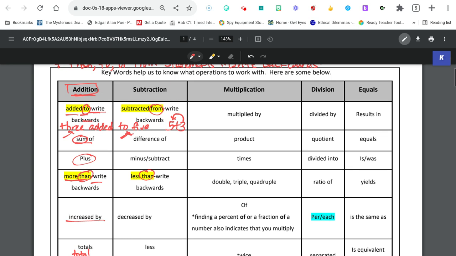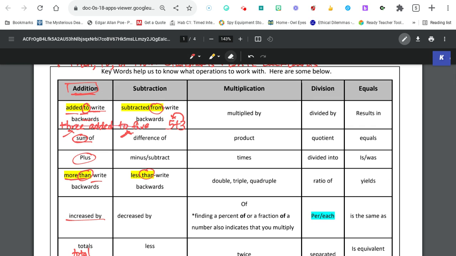All right, let's take a look at subtracted from. Okay, and I'm going to talk about why we write subtracted from backwards. If I ask you what is 5 subtracted from 12?